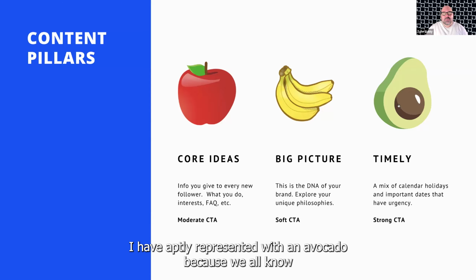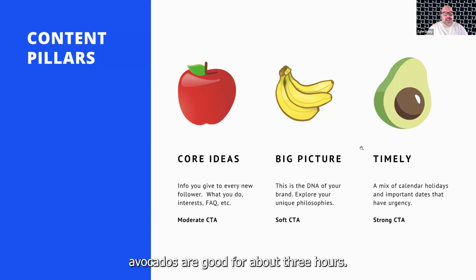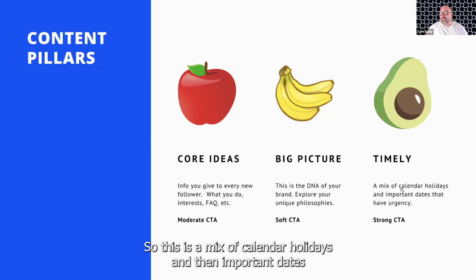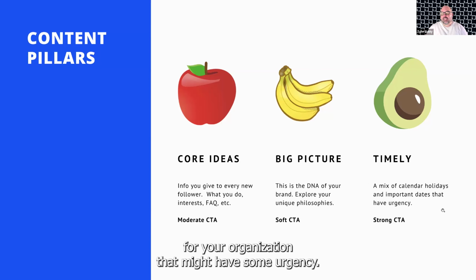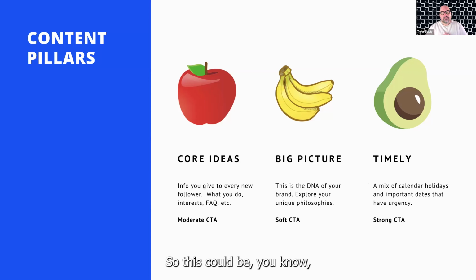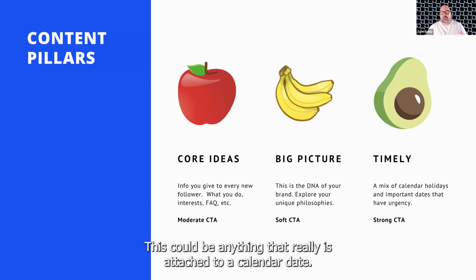Timely I have aptly represented with an avocado, because we all know avocados are good for about 3 hours. This is a mix of calendar holidays and important dates for your organization that might have some urgency. This could be early bird pricing, events, or anything attached to a calendar date.